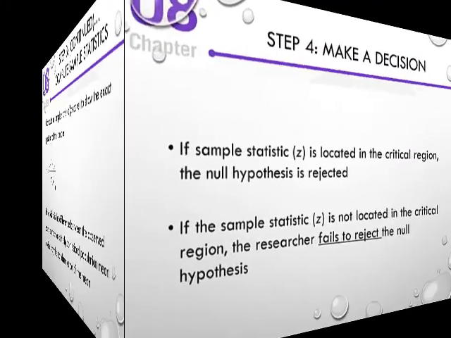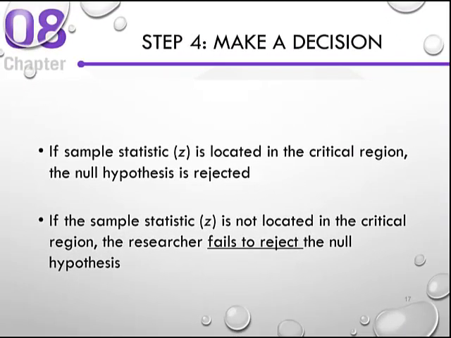And then our last step is to make a decision, based on the calculation that we just did in step 3. So if our sample statistic is located in the critical region, the null hypothesis is rejected. If the sample statistic is not located in the critical region, so it's in the bulk, right, the researcher fails to reject the null hypothesis.